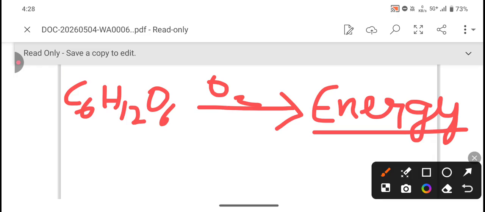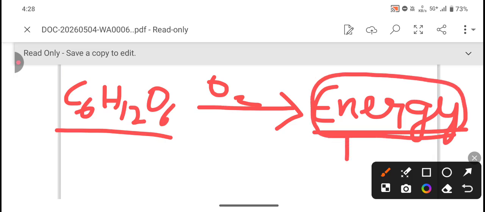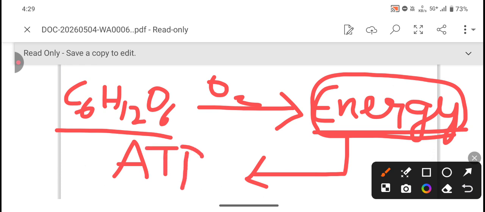Which means when we take food, the excess form of food is stored in the form of glucose or glycogen in the animal body, right? That glycogen will be broken down to glucose, and this glucose will get broken down to produce energy. The excess energy will be stored in the form of adenosine triphosphate.